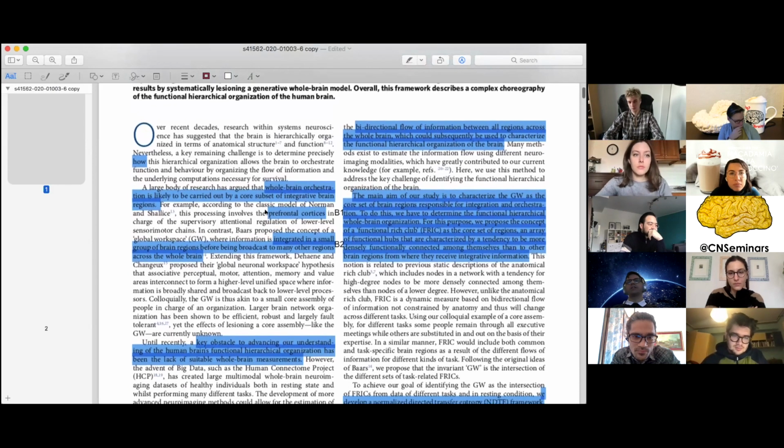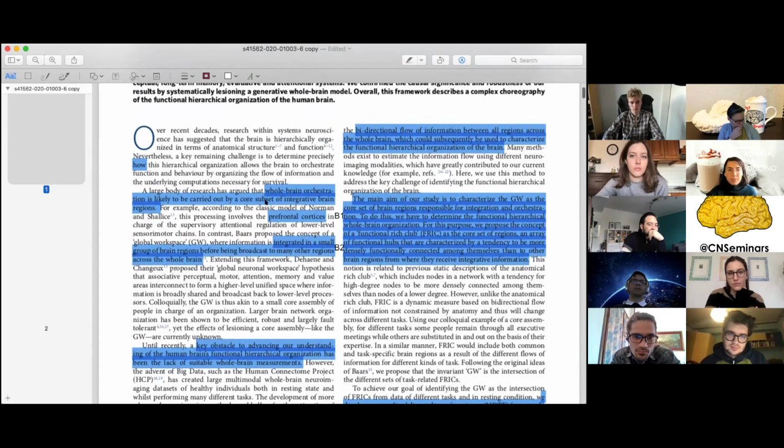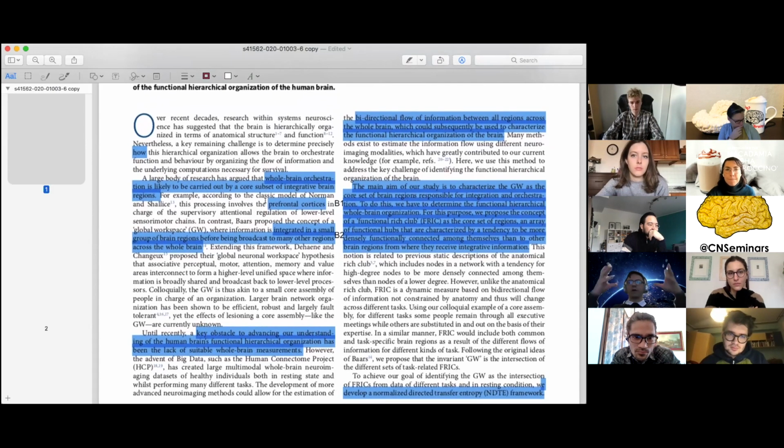Originally, people were thinking that this was happening in the prefrontal cortices. That was all about the prefrontal lobe controlling the rest of the brain hierarchically.